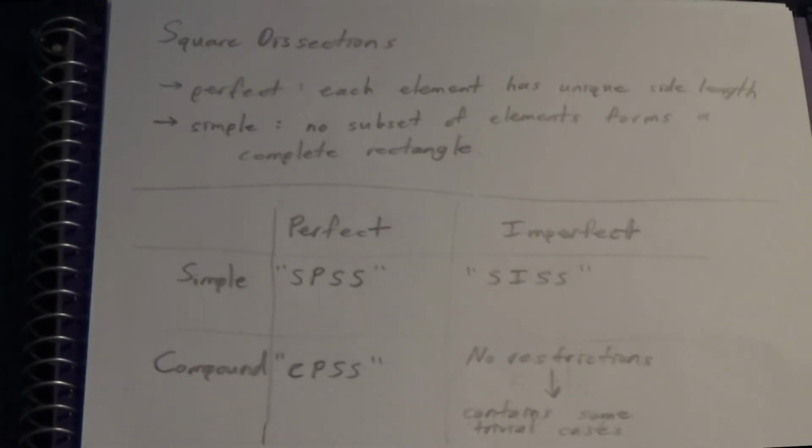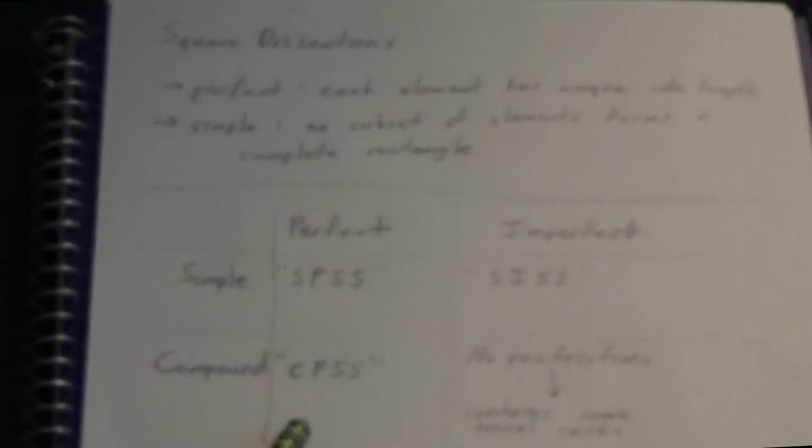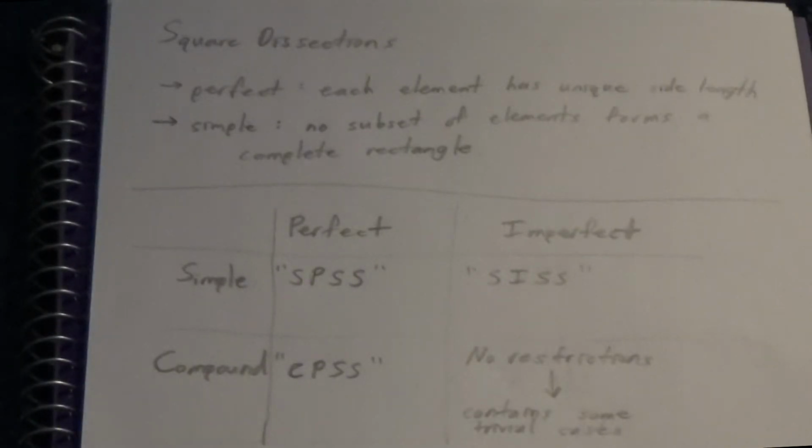And I'd also like to say that it turns out that each of these types of square dissections has its own property, which I haven't brought up yet, called an order. So each dissection has an order, which specifies the number of component squares used in that dissection.